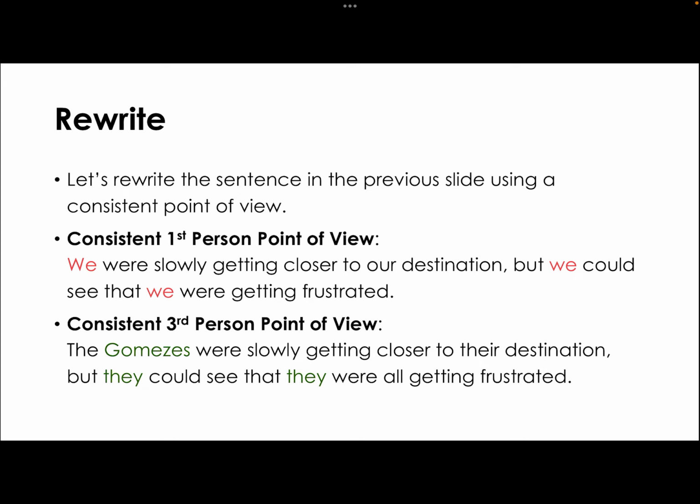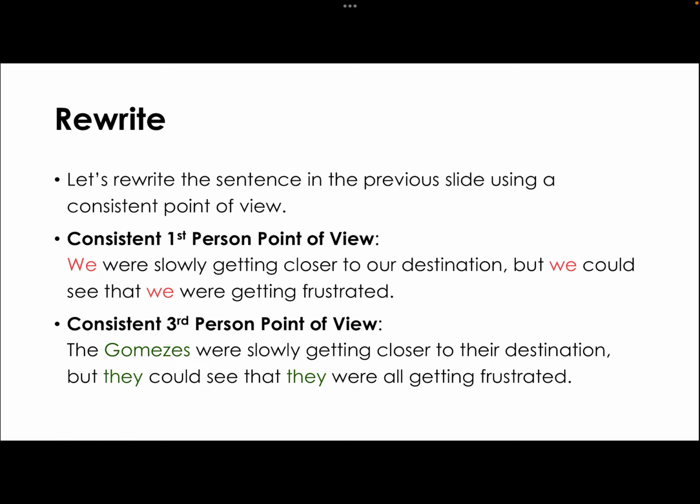But here we're working with just one sentence, so we don't have the full context. So it's impossible for us to know who are we or you or everyone or they. But to make my point clear, I chose a random imaginary third person called the Gomezes.